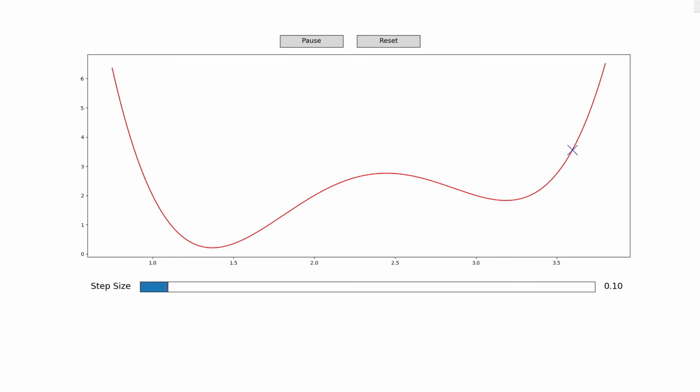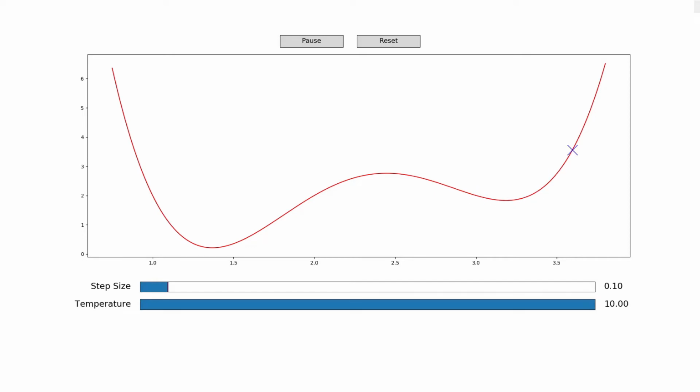The main idea of simulated annealing is that we also accept worse solutions, but over time we tend to accept less of those worse solutions and mainly better ones. This is done by introducing a temperature. Initially, this is set to 10 right now, so it's so high that we accept nearly all solutions.